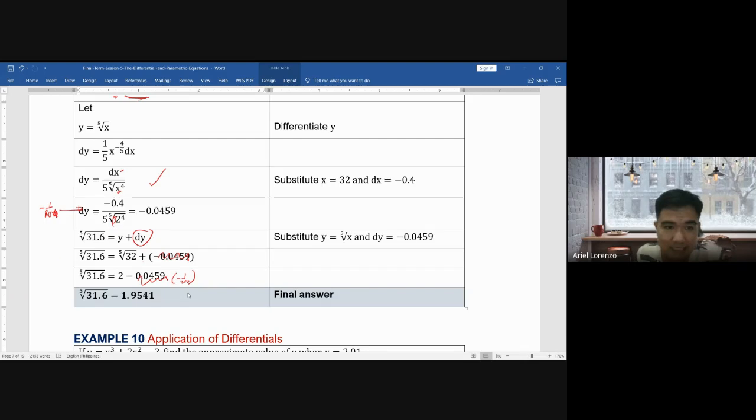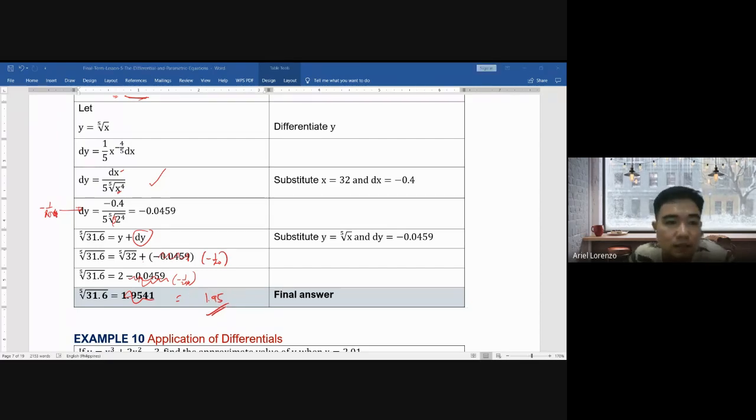So, plus negative 1 all over 20. So, mangyayari is minus 1 all over 20 lang. So, ang sagot dyan is 2 minus 1 all over 20, which is 1.95. Okay? So, same pa rin naman, 1.95.